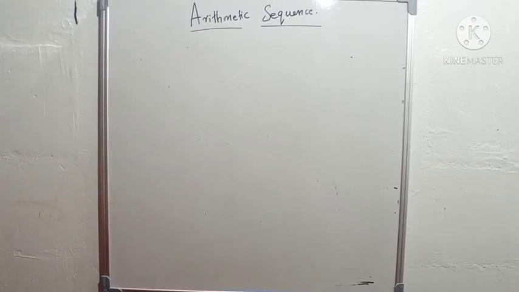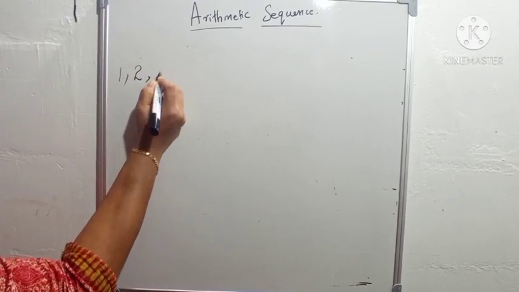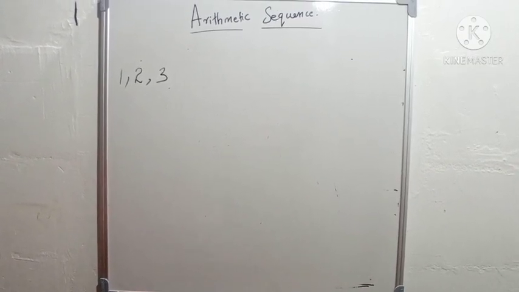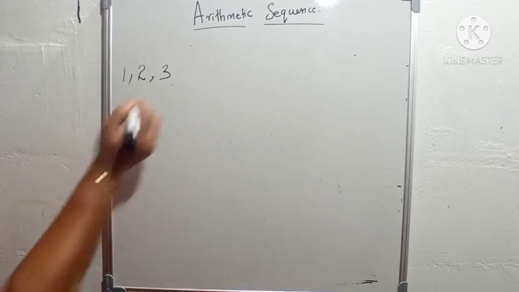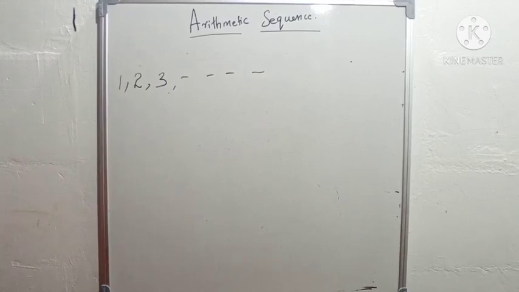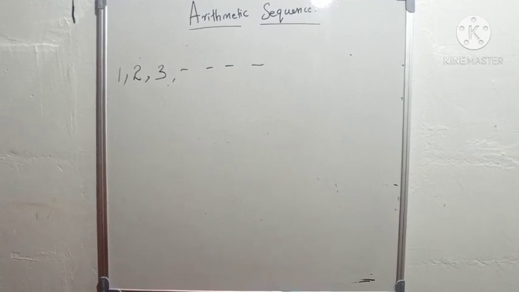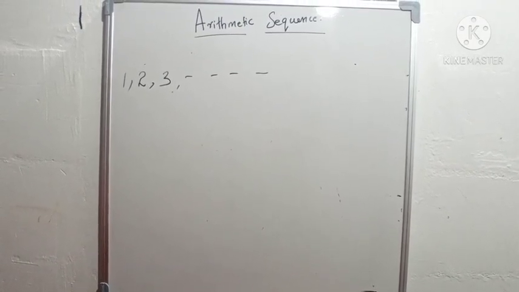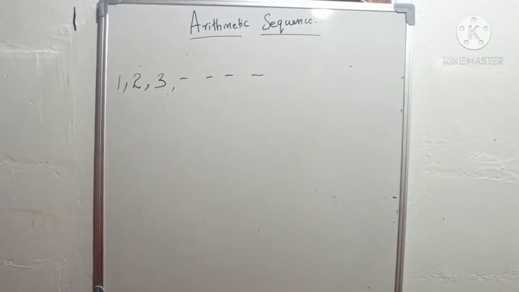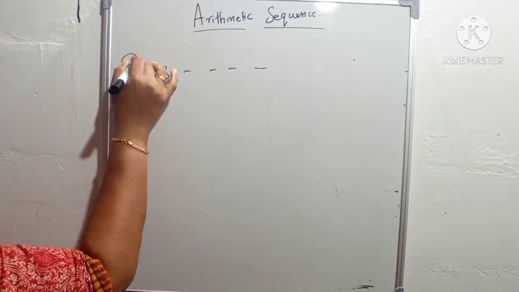What is an arithmetic sequence? Consider the famous sequence. Which is our famous sequence? Yes, the set of natural numbers: 1, 2, 3, etc. What is special about this set of natural numbers? This sequence is formed by starting with any number and adding a fixed number repeatedly.